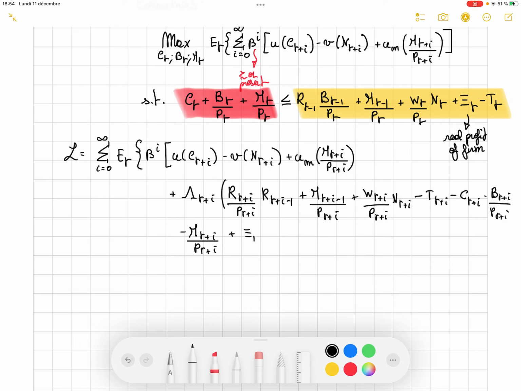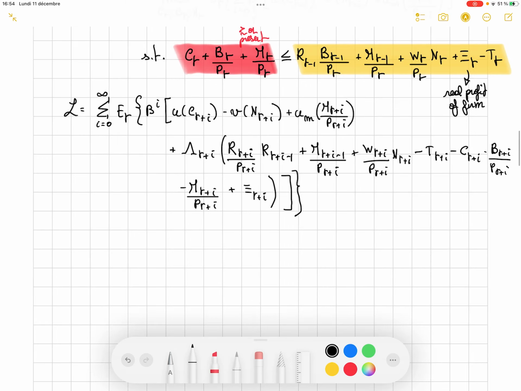And of course, I forgot to add the real profit, but it will not enter our equation anymore. Okay, so that's our Lagrangian. That is a bit barbaric now, but soon it will not be that difficult to use.